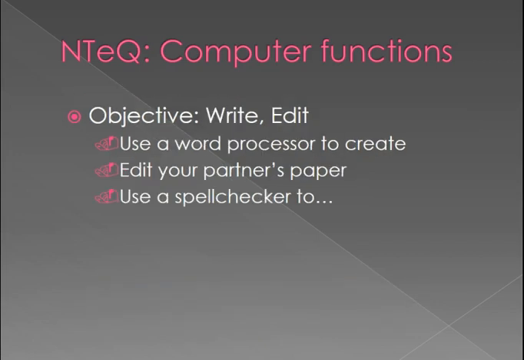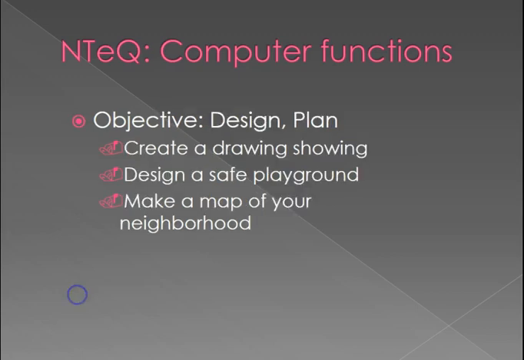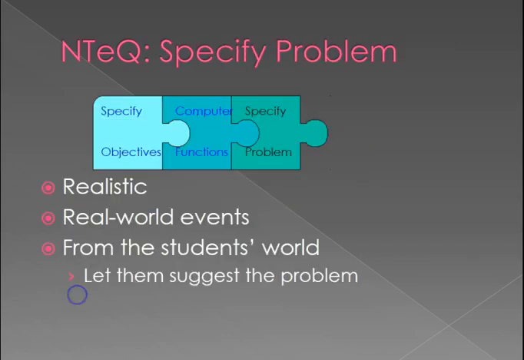If your objective is to write or edit, this time your computer function could be to use a word processor to create, edit your partner's paper, use a spell checker too. If your objective is to design or plan, create a drawing showing, design a safe playground, make a map of your neighborhood. Those could be some examples of your computer functions.